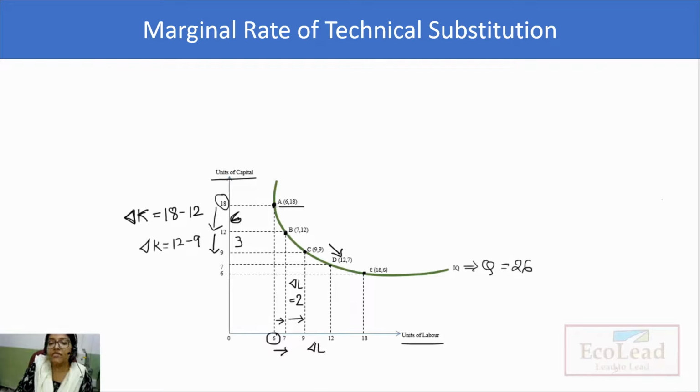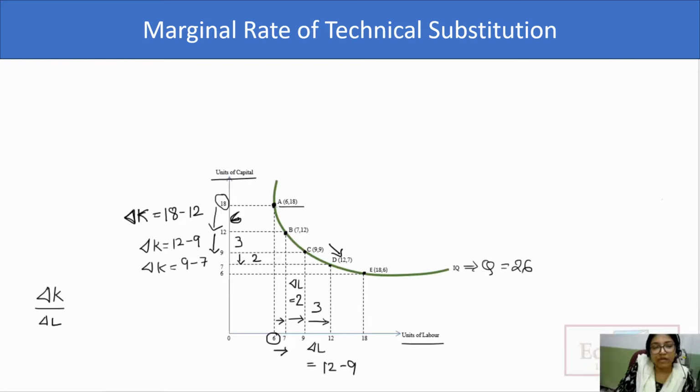The change in labor, del L, is 12 minus 9, that means 3 units of labor. And look at the amount of sacrifice. We have sacrificed capital by only 9 minus 7, or 2 units.